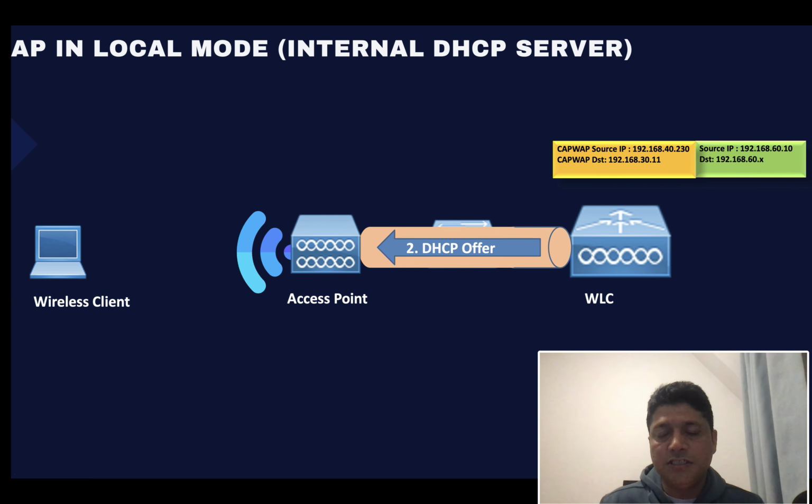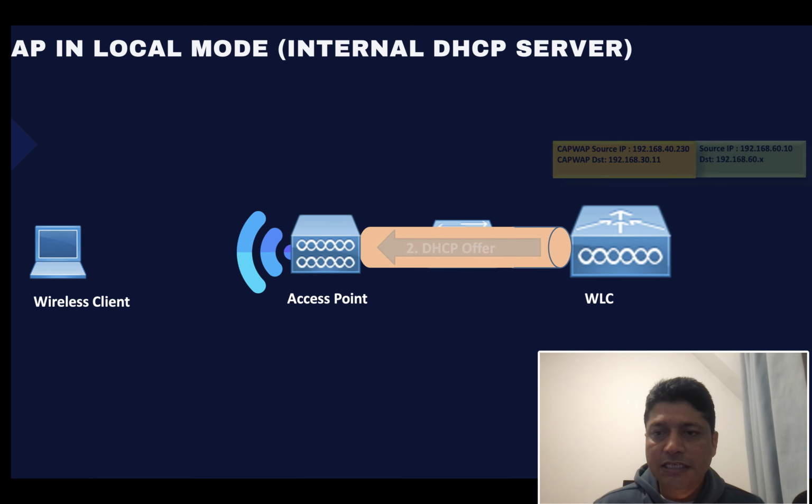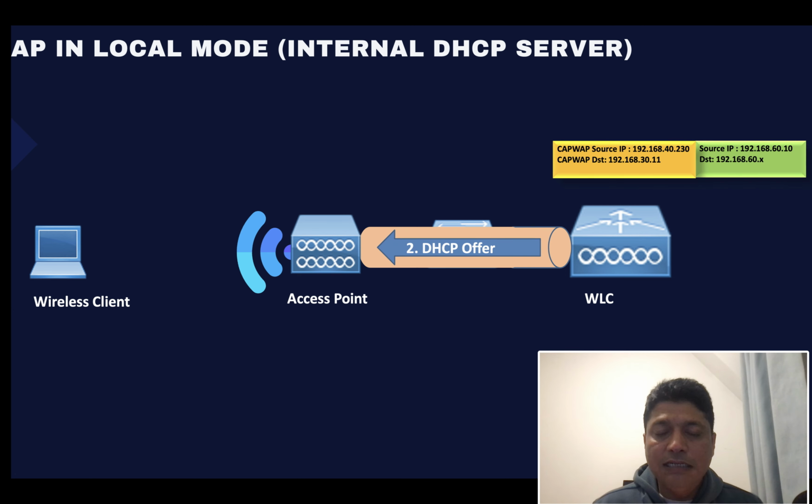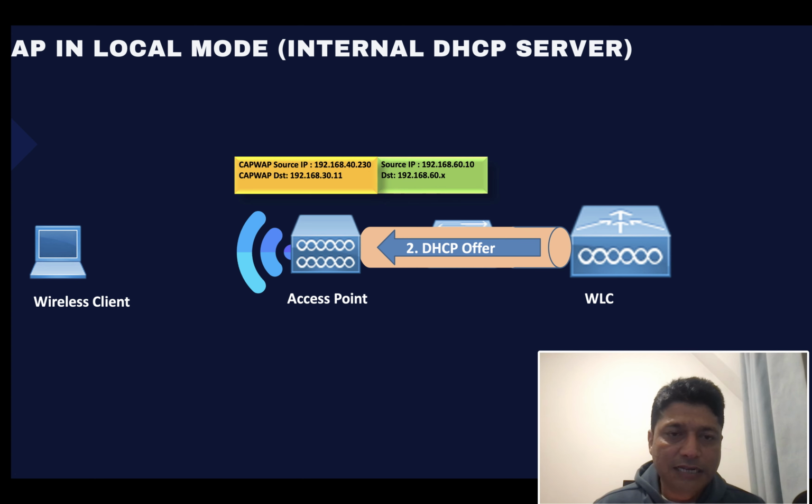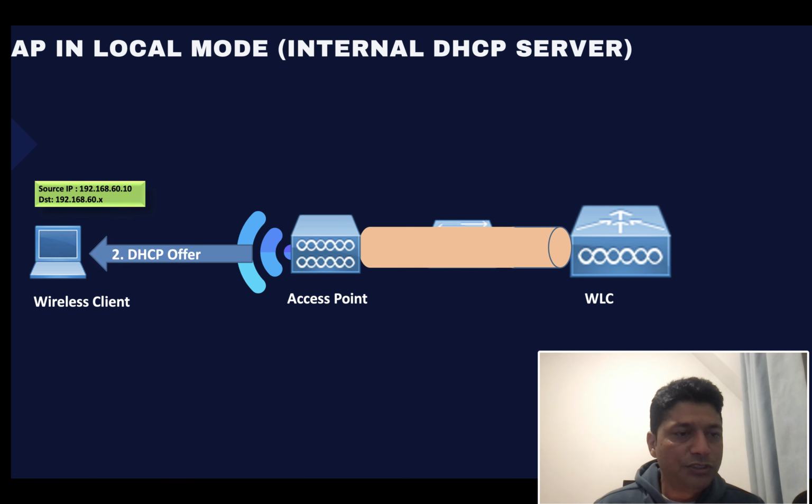So it could be 60.12, 13 or 14, whatever IP address the controller is trying to hand out. That particular packet would be encapsulated by the controller with the source IP address being my controller IP address and the destination being the access point. After that, the controller sends that packet to the access point. The access point would decapsulate it and send it across to the original client which is trying to get the IP address.